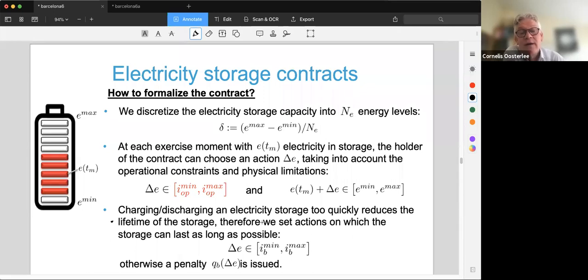And these are the limits for sustainability of the storage. And otherwise, we would have a penalty. So we have these operating limits, but moreover, we also have charging, discharging limits. And otherwise, we would get a penalty. So in fact, we allow, for example, only the amount of energy to change in such a green part.